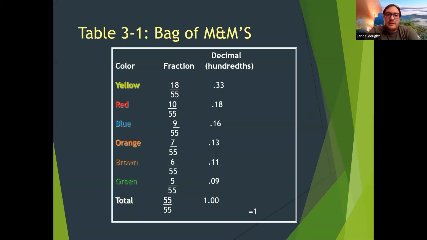So if we converted this from a fraction to a decimal and rounded to the nearest hundredth, remember every numerical scale that you have is by tens. When you have a whole number and then a number next to it, that's tens and ones.